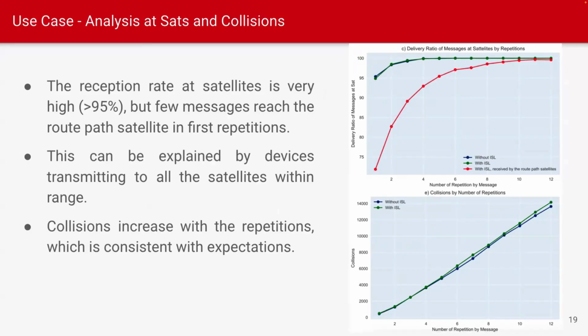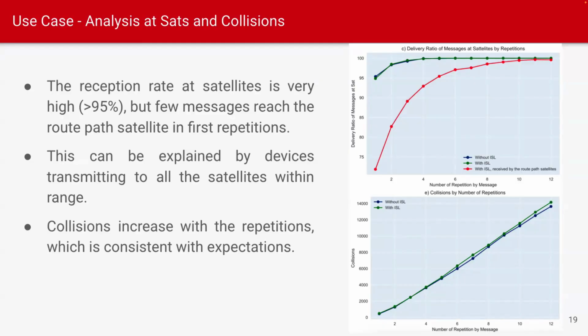What we see here is that we receive a lot of repetitions with ISL and without ISLs. The issue for this red one, with ISL, is that it has to be received by the right satellite, the good one.